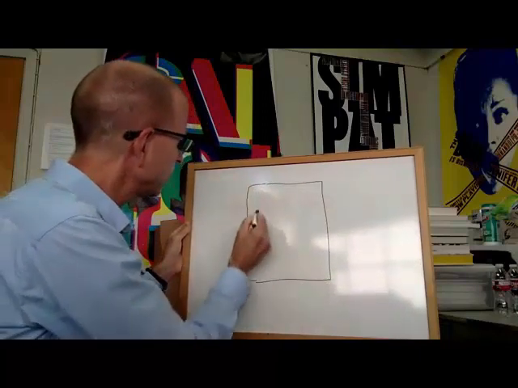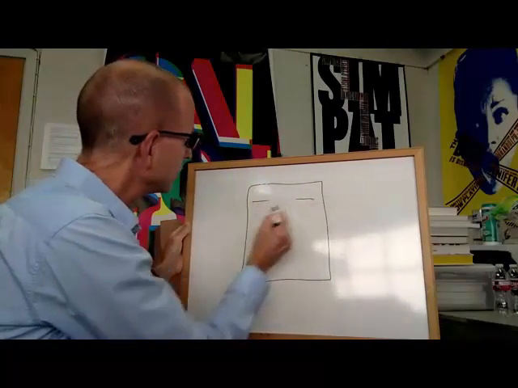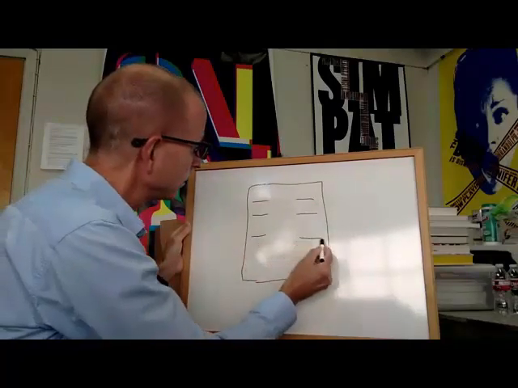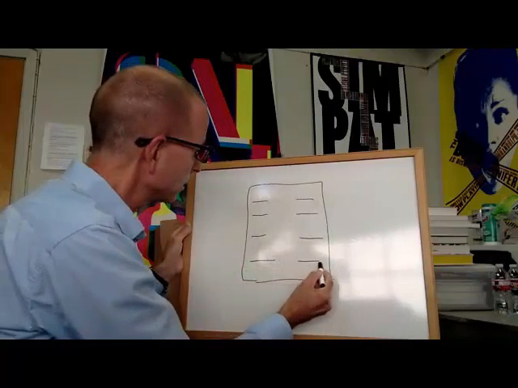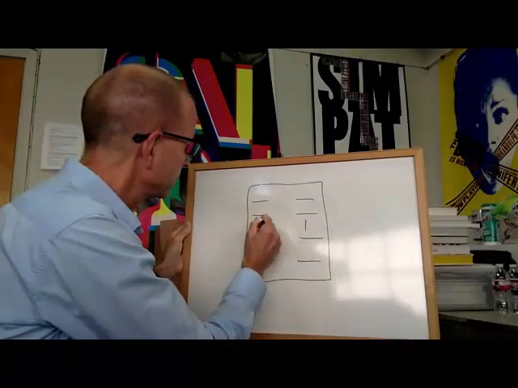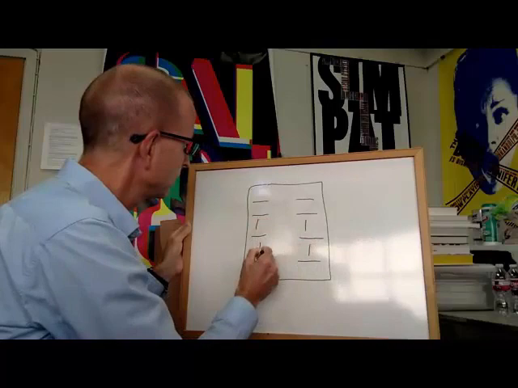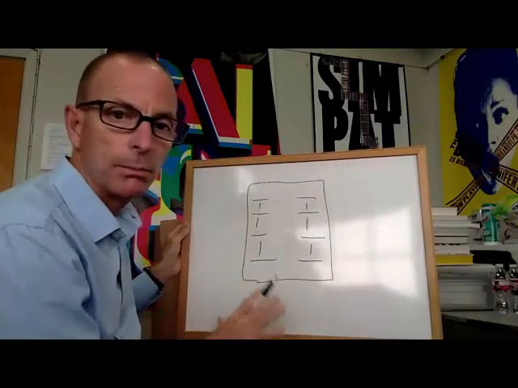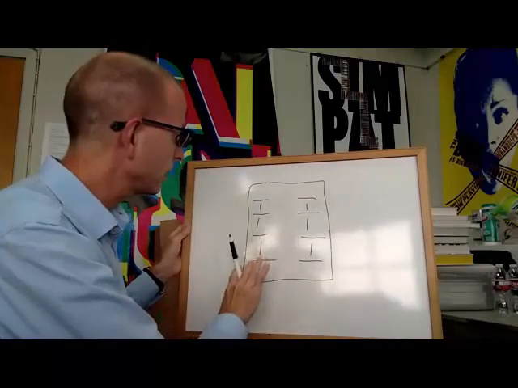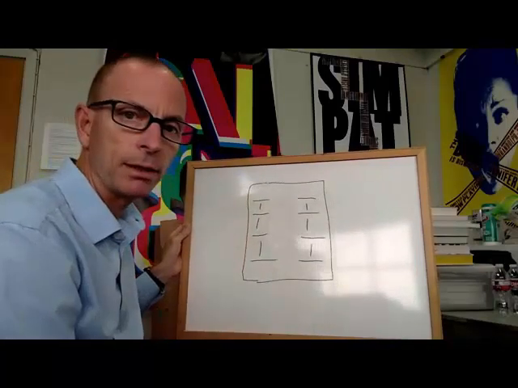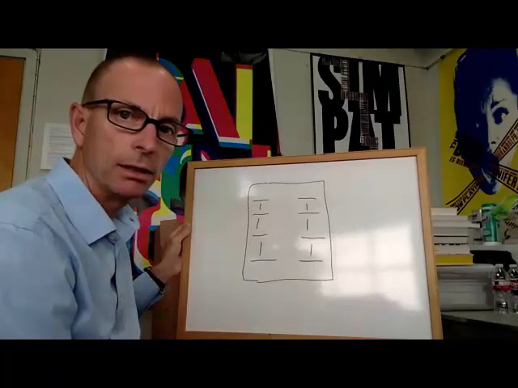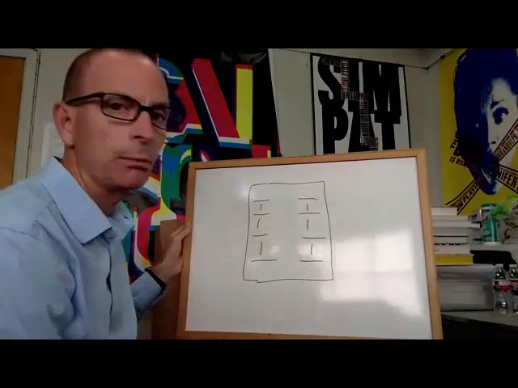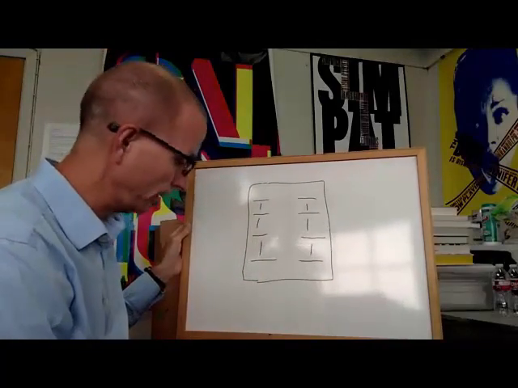And as I mentioned, symmetry denotes that there's equal balance on both the left and the right side of the composition to create a stable, symmetrical environment within the composition.